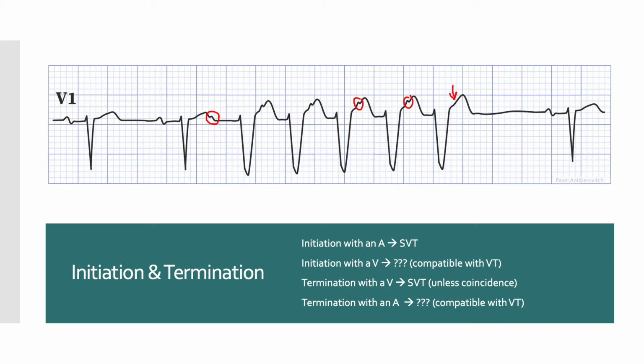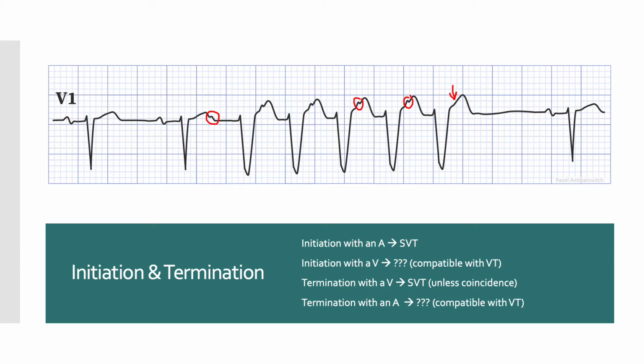So the VT focus and the AV node are separate structures. And what are the chances that both of these unrelated events would happen at the same time, on the same cycle? Therefore, termination with a V, when you can clearly see a 1-to-1 VA tachycardia, is supportive of SVT, especially if you see this happening more than once.